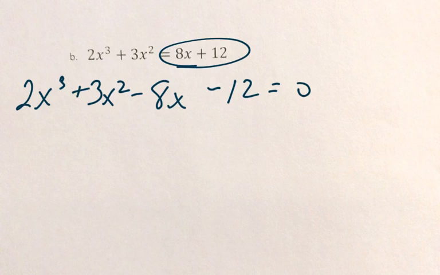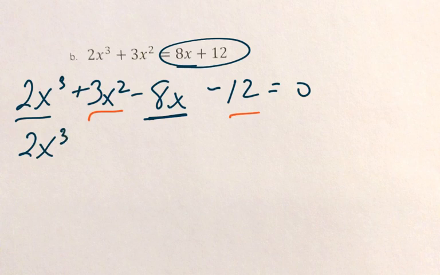Now we're going to group some of these terms together, because I can pull out 2x from these two terms and I'll end up with x squared minus 4. If I do the same thing with the other two terms, I'll get similar terms that I can factor out. We're going to do this by factoring by grouping.